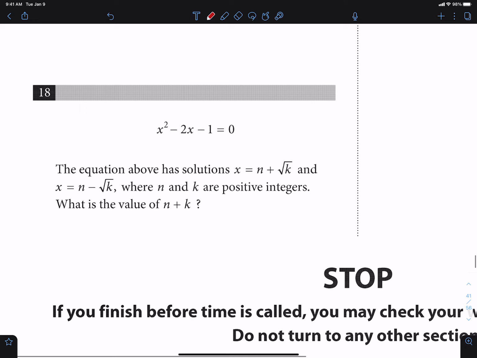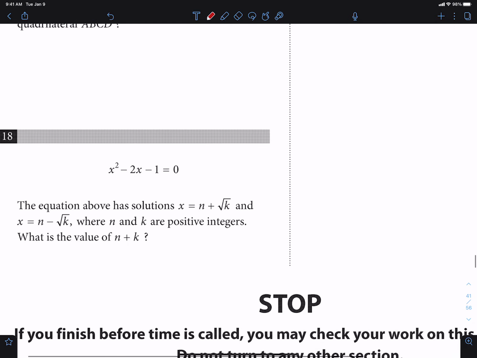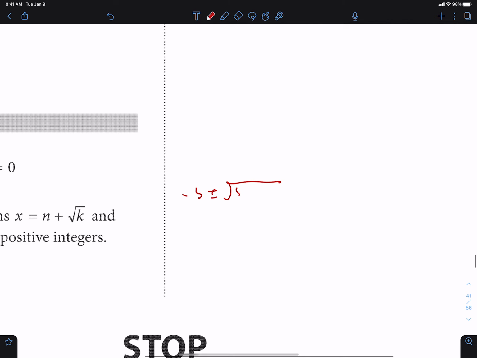All right. The equation above has solutions x equals n plus root k and x equals n minus root k, where n and k are positive integers. What is the value of n plus k? Okay. I see a quadratic and I see square roots. I'm going to use the quadratic formula, which is negative b plus or minus the square root of b squared, my bad, minus 4ac, all over 2a.